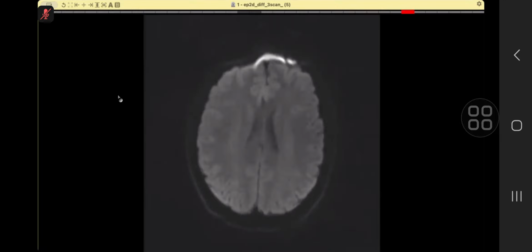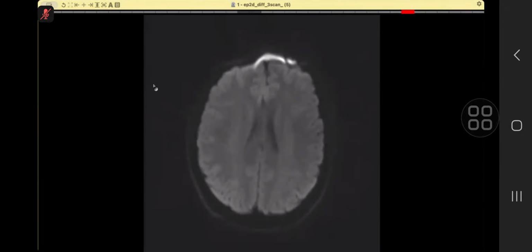Okay, there is diffusion restriction noted in the frontal lesion and also in the maxillary sinus, and it confirms the presence of abscess, and there is also parenchymal diffusion restriction, which I didn't appreciate before, so I would like to check it also in the FLAIR. And I would like to check in the ADC if it's a true restriction or not.